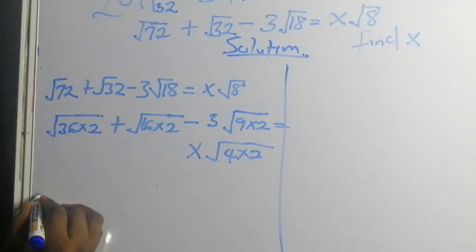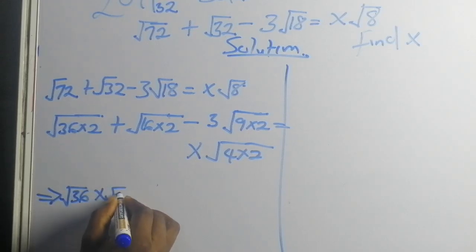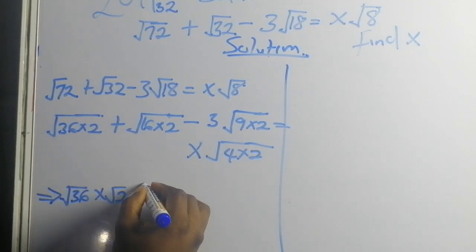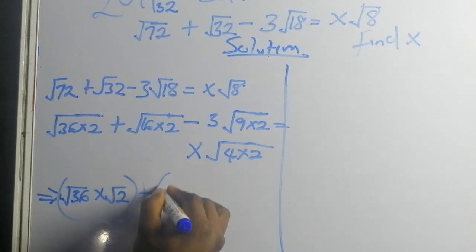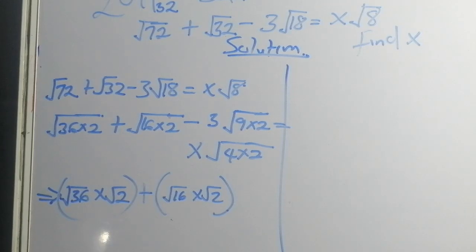It implies that I can now have root 36 times root 2, using the multiplication law under surds. If you've not gone through it, please go through it. Plus root 16 times root 2, minus 3 root 9 times root 2, equals x times root 4 times root 2.